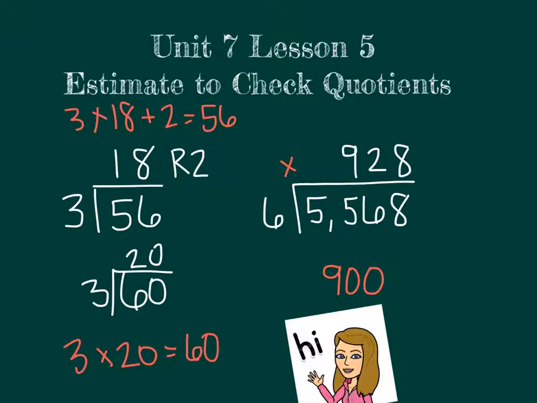Now, for estimating, I just rounded that 928 to 900. So when I take that times 6, think of your magic zeros. 9 times 6 is 54. 1, 2, magic zeros. 5,400, which is very close to 5,568. So yes, I would say that this quotient makes sense.